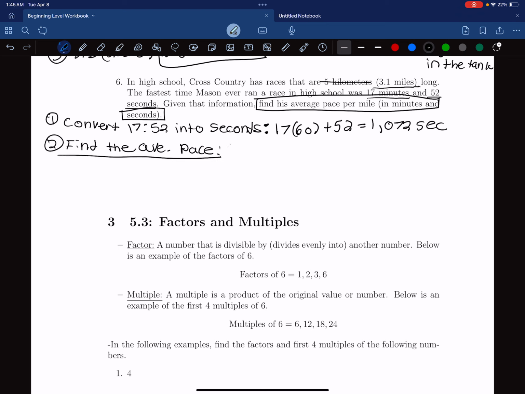To do that, we're going to take that 1,072 seconds and divide it by 3.1 miles because that's how long the races are. So then from here, we're going to find the average amount of seconds it takes me to run a mile.